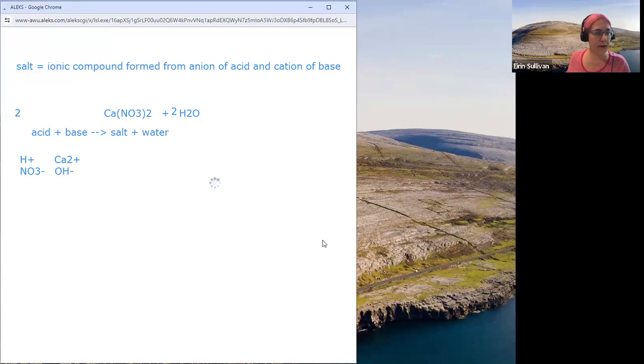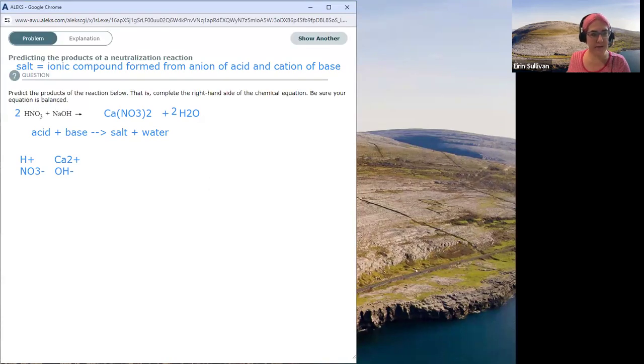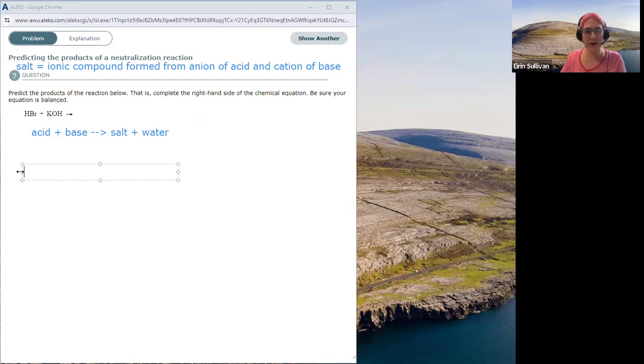So let's have a look at another one, just to practice a few of them. Let's do something else. Okay, so what have we got here? We've got HBr and KOH. So again, you're going to want to break apart the acid into a cation and anion, just pretending it's ionic. So H plus and Br minus.